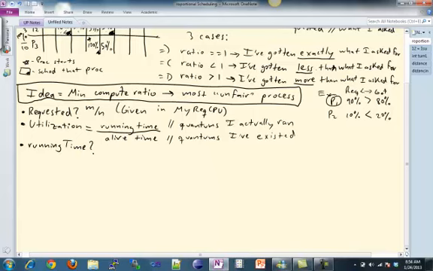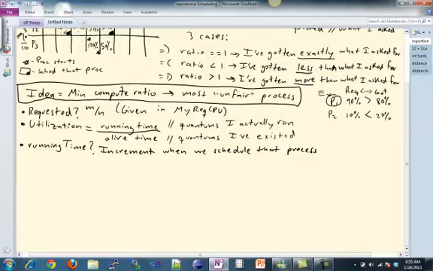Well, the running time is basically every time we schedule a process, we know that it has run for one more quantum. So we can just keep track of it and increment it whenever we schedule that process. Right? Because that means that it is chosen to run, and so it has run one more quantum.